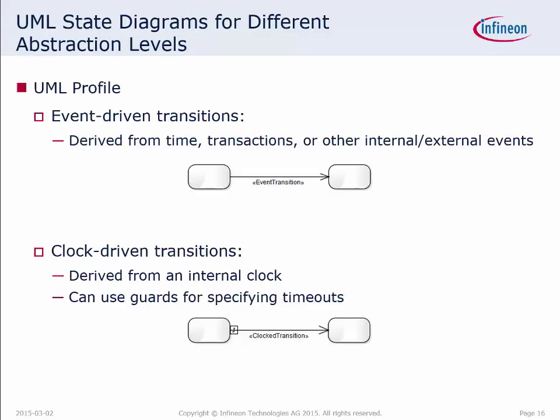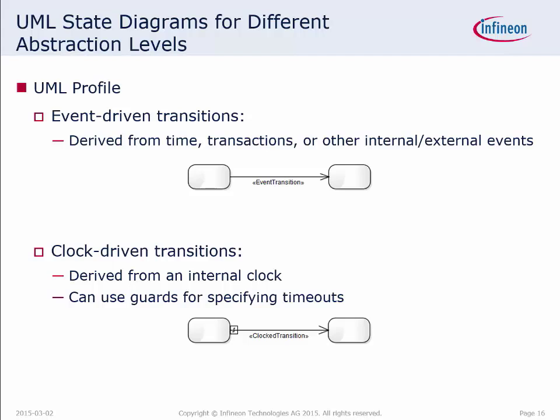Then Rainer, in his, I think, also PhD thesis, and for his needs, made also a UML profile because he was doing state machines, not clocked state machines. He developed these event-driven state machines, and that's why he needed to extend the transitions to an event transition, and he needed to extend it to a clocked transition.